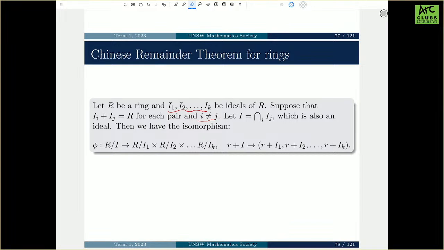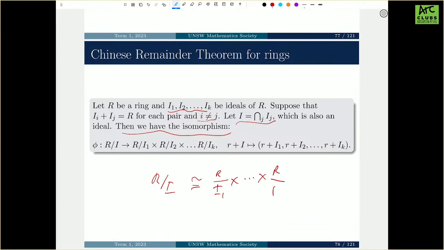Okay, so suppose this, and let I be the intersection, which we know is also an ideal. The Chinese remainder theorem gives us the following homomorphism. It says R/I is isomorphic to R/I_1 times and so on times R/I_k, via this homomorphism.